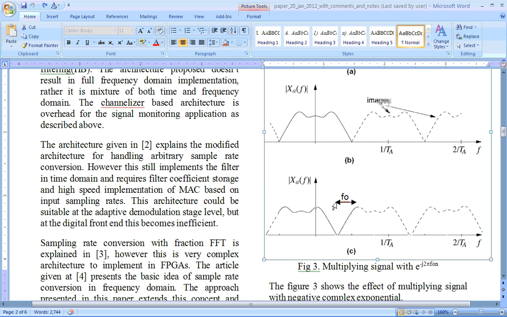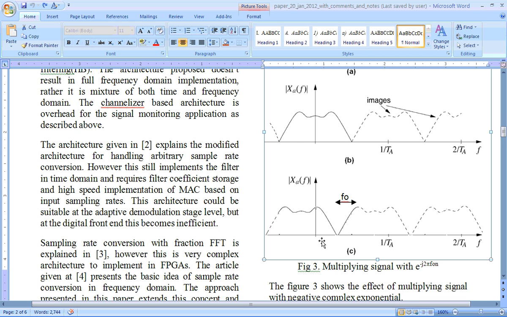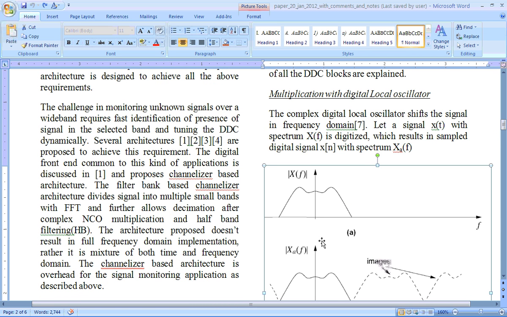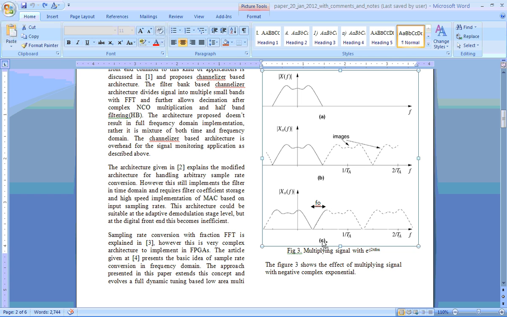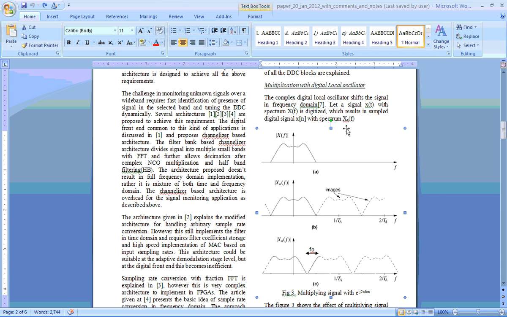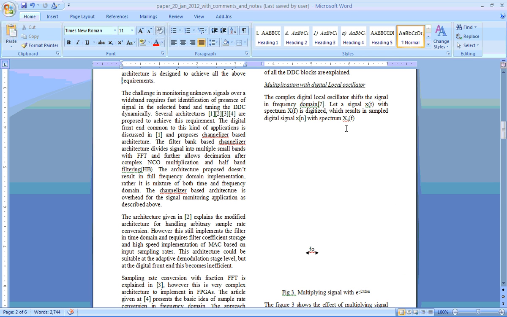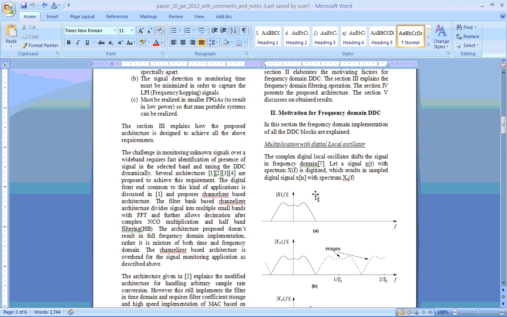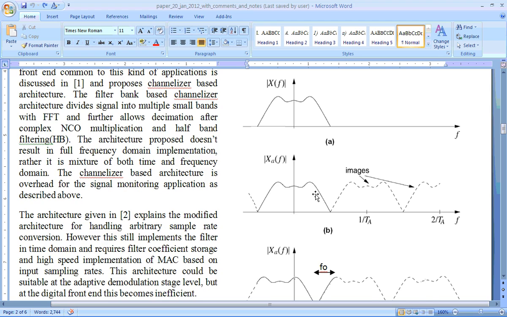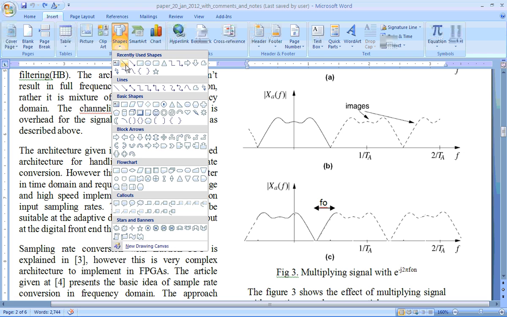Something went off here; some lines I should have drawn on top of this. It's very simple to understand why it is rotation and why it is not shifting.